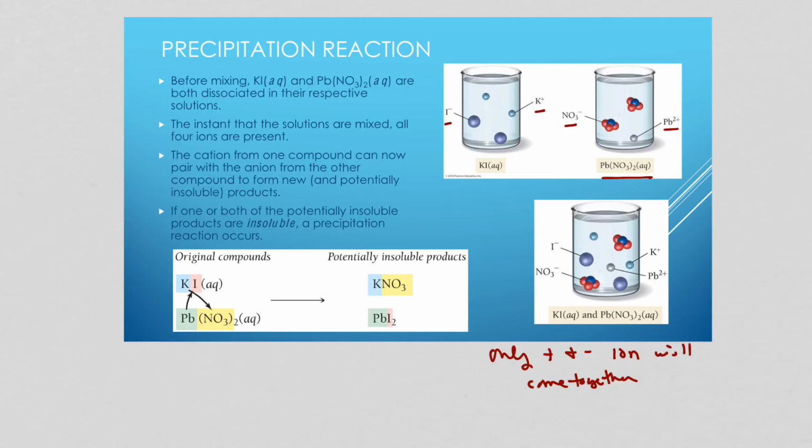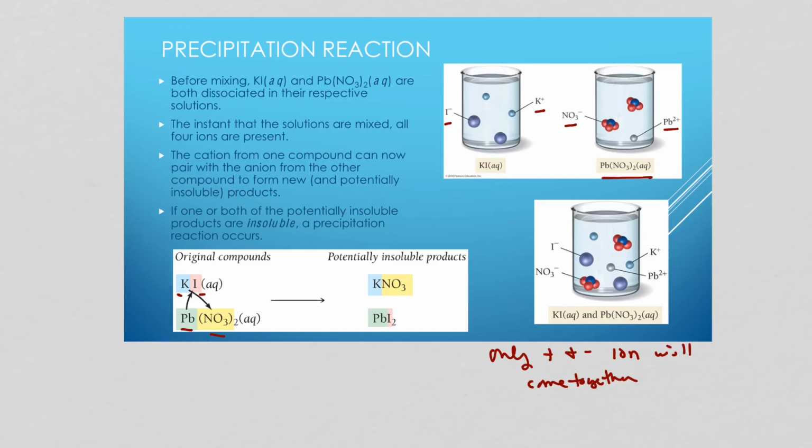So if we go to predict our products, we do the opposite pairing. We already have the pairs we started with, and we know they're soluble because we had them as reactants. So we want to look at the opposite combination. We want to pair potassium with nitrate, and we want to pair lead with iodide as our potential products.